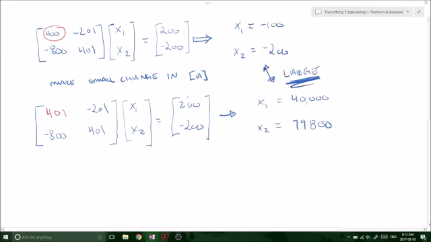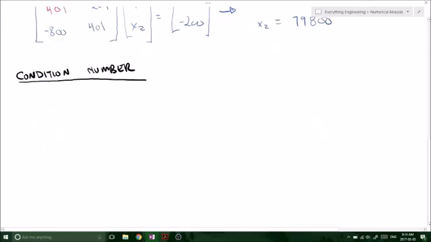So is it safe to say that this is an ill-conditioned system? Probably, yeah, it is. But there's also one more check that we can do without actually guessing and checking how your solution will react to a small change in your given matrix. You could find what's called the condition number. The condition number will give you a pretty good indicator of whether your system is ill-conditioned or well-conditioned.